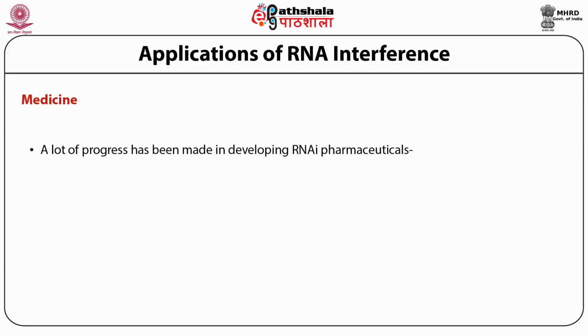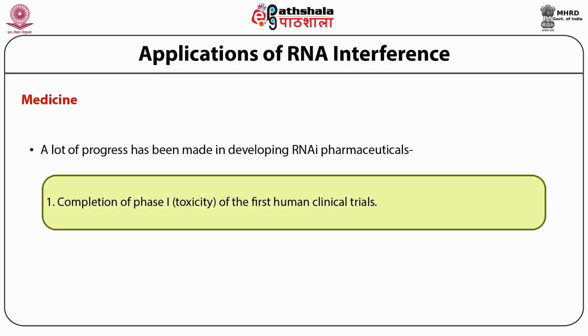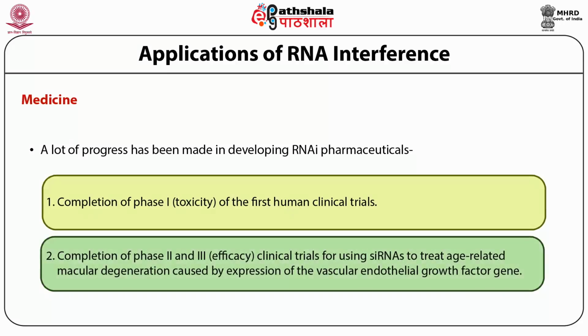A lot of progress has been made in developing RNA interference pharmaceuticals. This involves completion of phase 1 of the first human clinical trials, and completion of phase 2 and phase 3 clinical trials for using siRNAs to treat age-related macular degeneration caused by expression of the vascular endothelial growth factor gene.